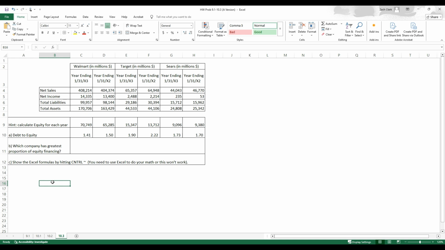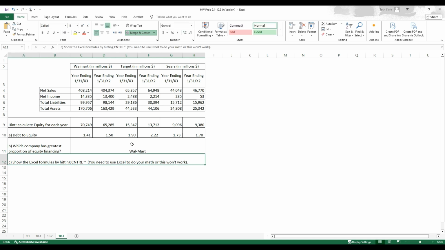Because when we say equity financing, we're speaking to how much of our capital comes from equity, from earned revenues and contributions that we've been able to save as a company. And so the company with the greatest proportion of equity financing would be Walmart, because it has the lowest out of all three.